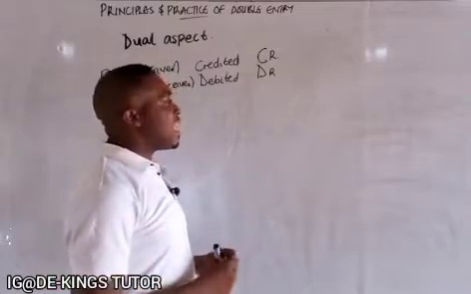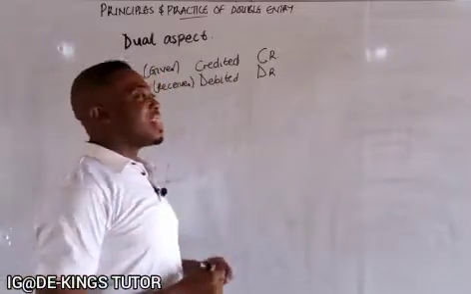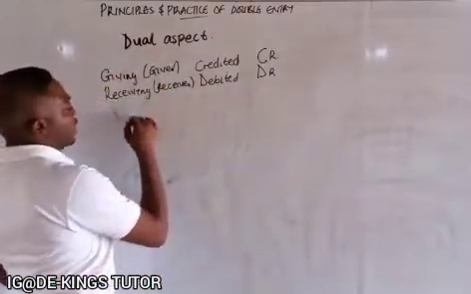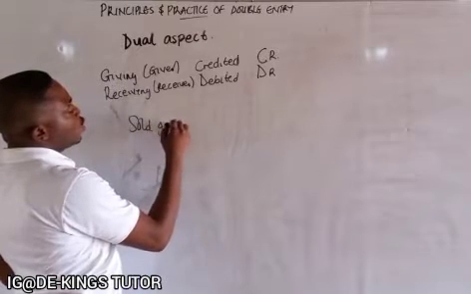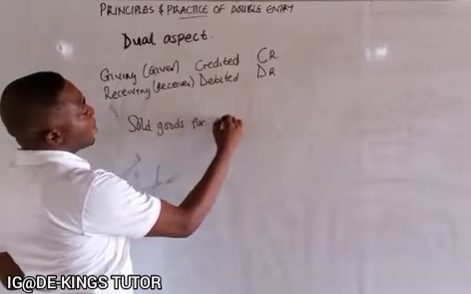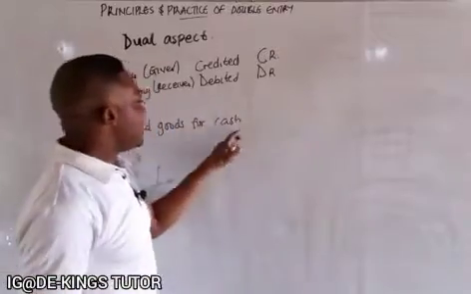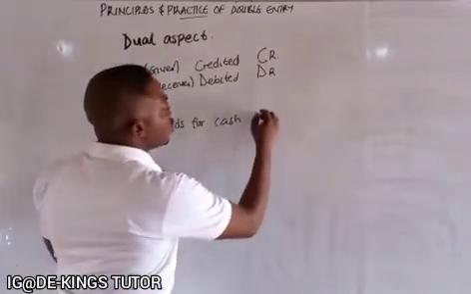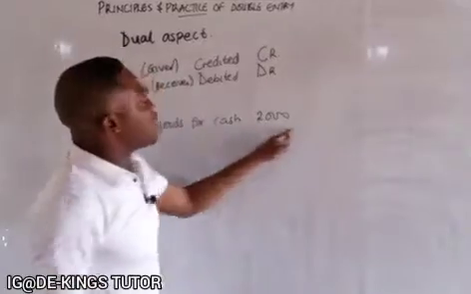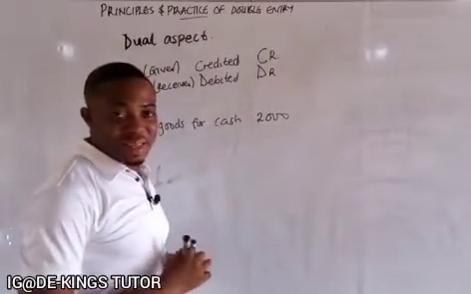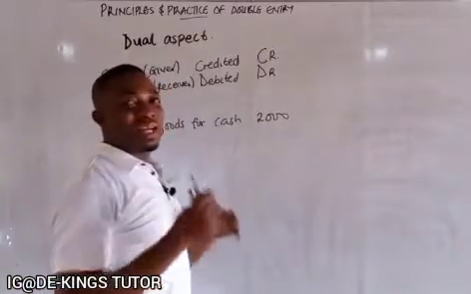Okay, so it means that for one transaction, for instance, when you say sold goods for cash 2,000, in this transaction, two accounts are affected. One is debited and another is what?